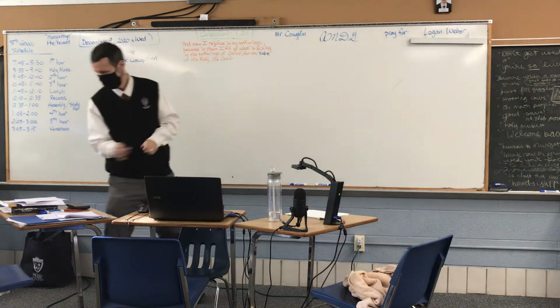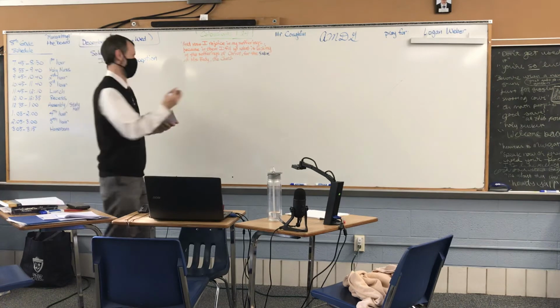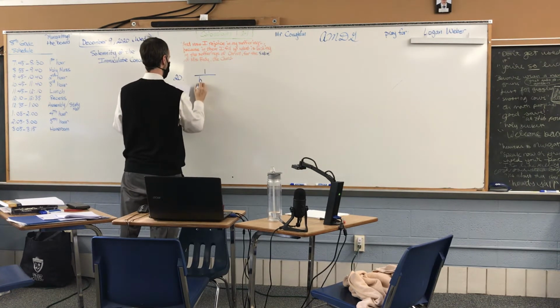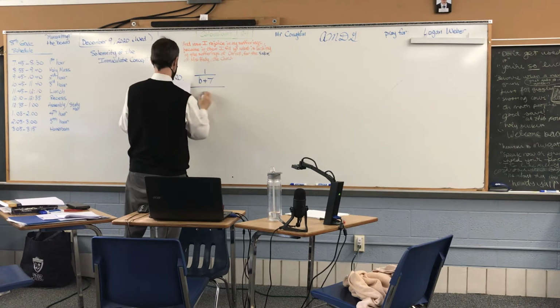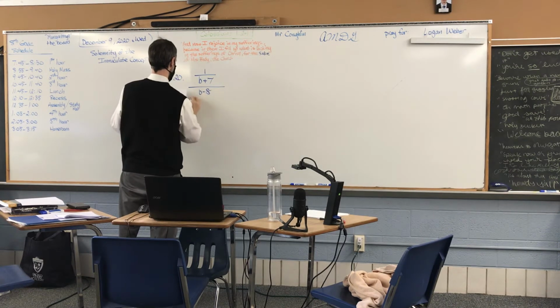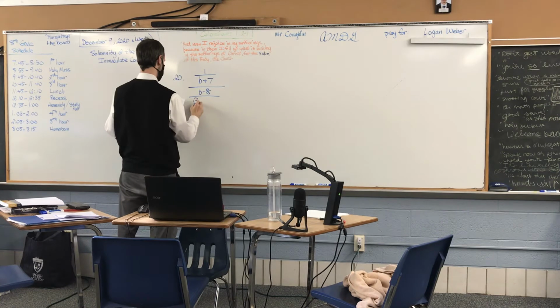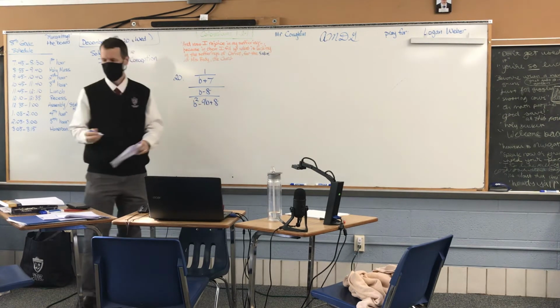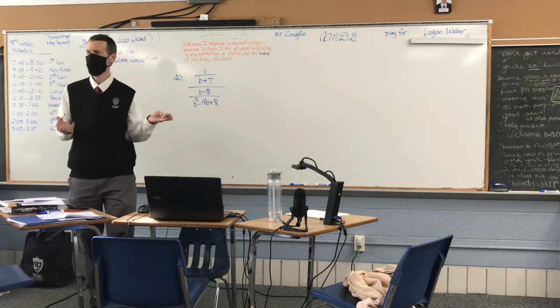Number 20 looks like this. It looks kind of horrendous. 1 over b plus 7 over b minus 8 over b squared minus 9b plus 8. The one thing I'd like you to notice, you notice there are 4 levels on this thing?